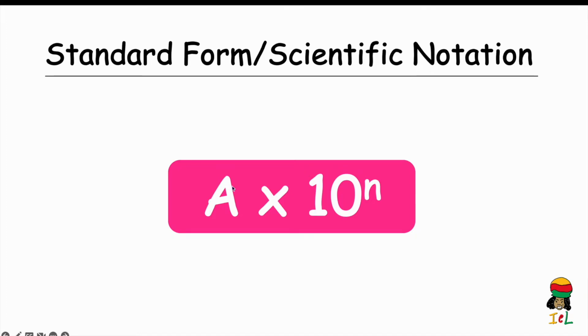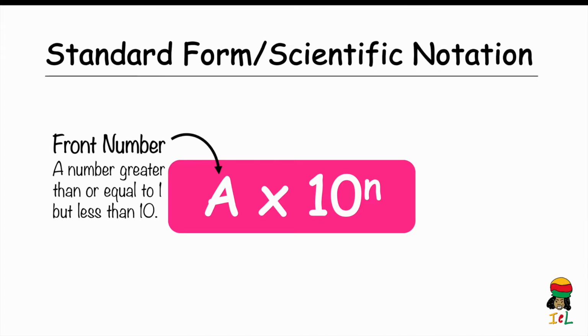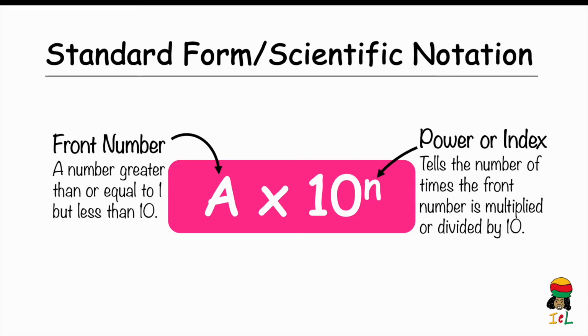When a number is expressed in standard form, it is written in the format a times 10 to the power of n. A, the front number, is typically a number that is greater than or equal to 1, but less than 10. N is the power or index of 10, and it tells how many times the front number A is multiplied or divided by 10.